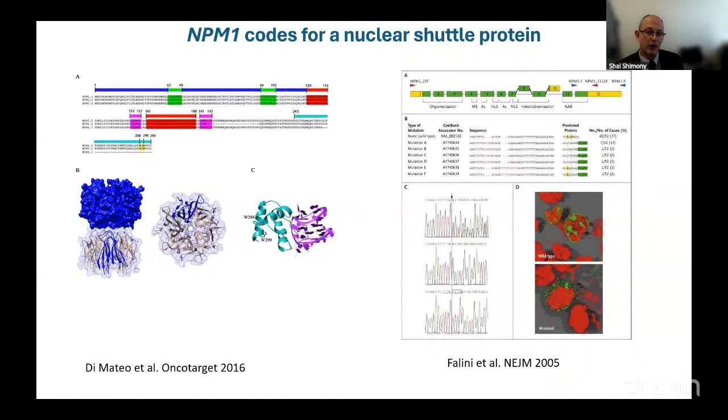This is part of the pathophysiology of the acute myeloid leukemia formation. This is the hallmark of mutated NPM1, where it gets out of the nucleus and goes into the cytoplasm, and with a bunch of subsequent actions causes the leukemia.